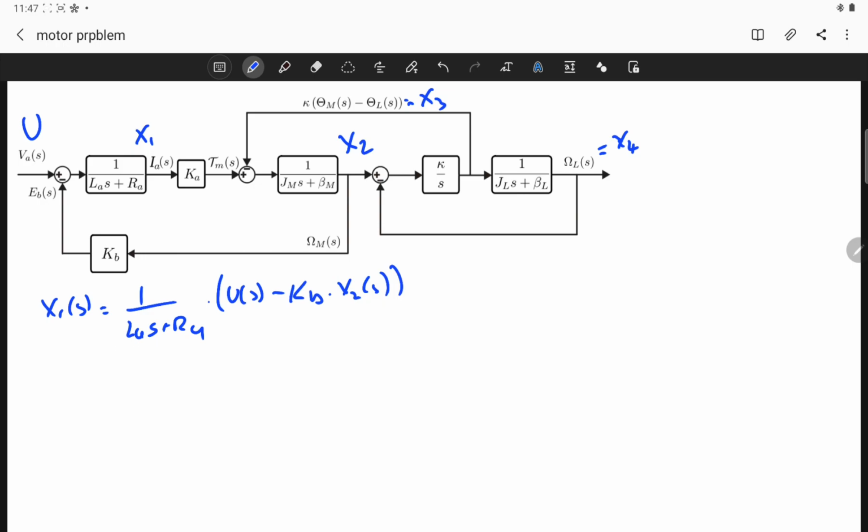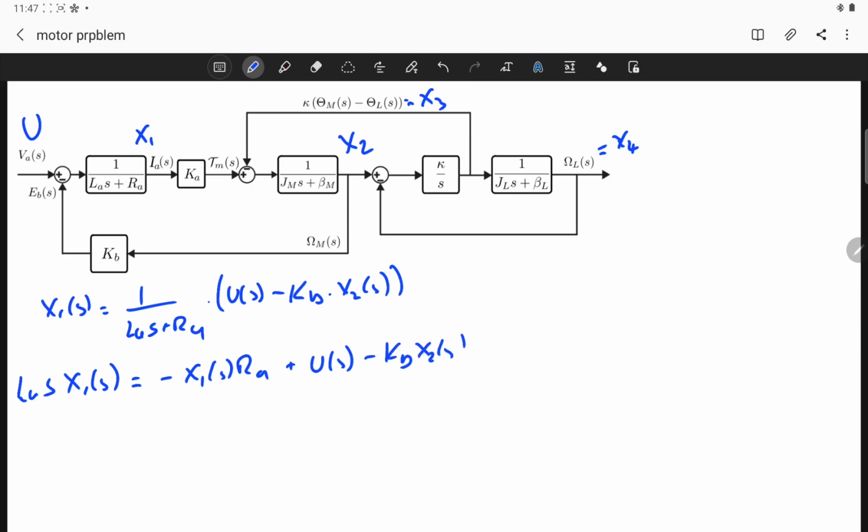So what I do is I distribute this transfer function to the other side. LA s times x1 of s is equal to minus x1 of s times RA, that's great, plus U of s minus KB x2 of s.